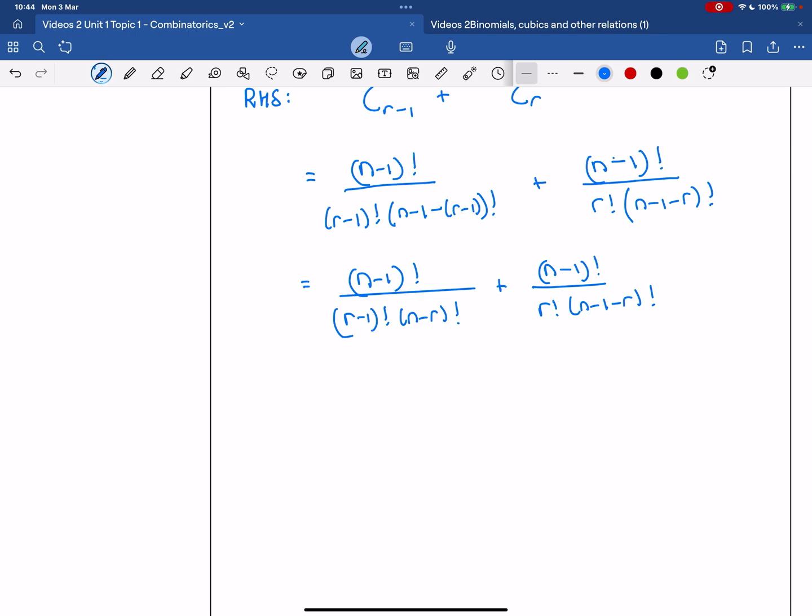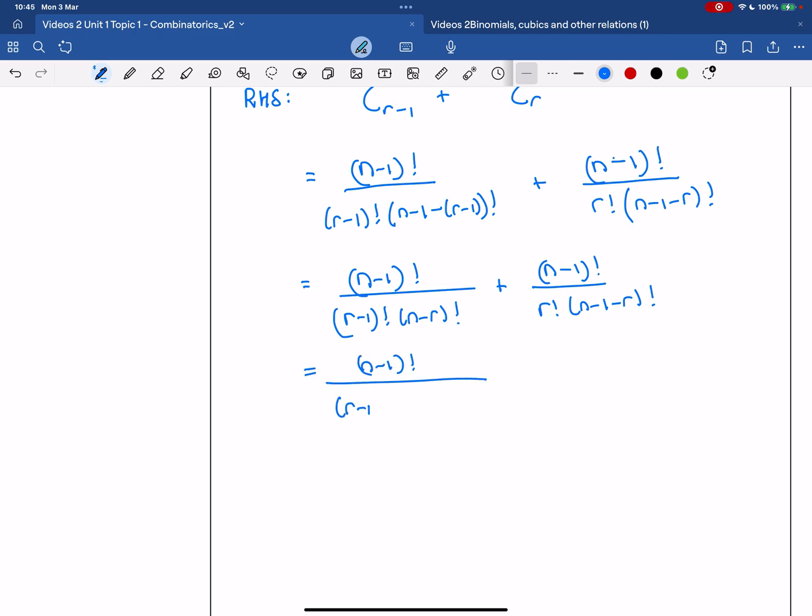All right, now I want to find a lowest common denominator, and it might be easier if I can try and include an n minus 1. I could rewrite this actually. Okay, let's, there's some method in my madness.